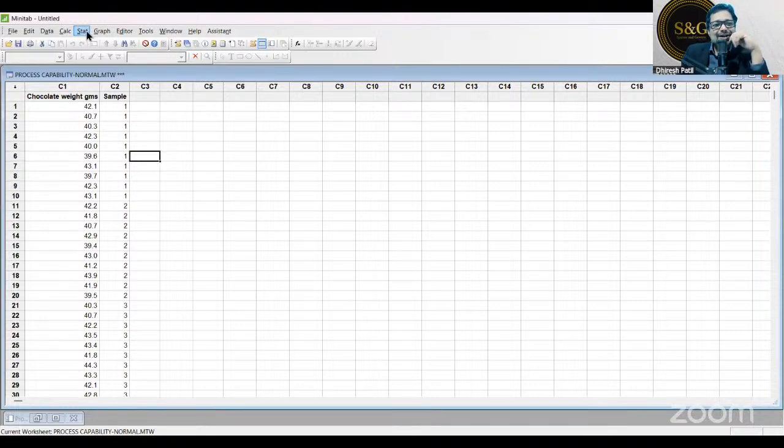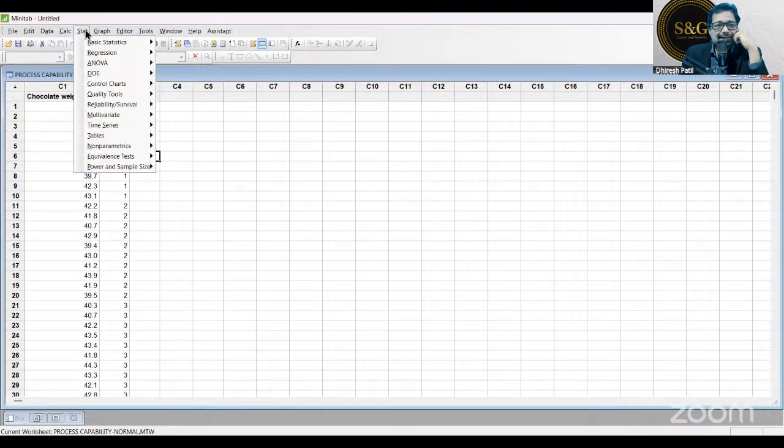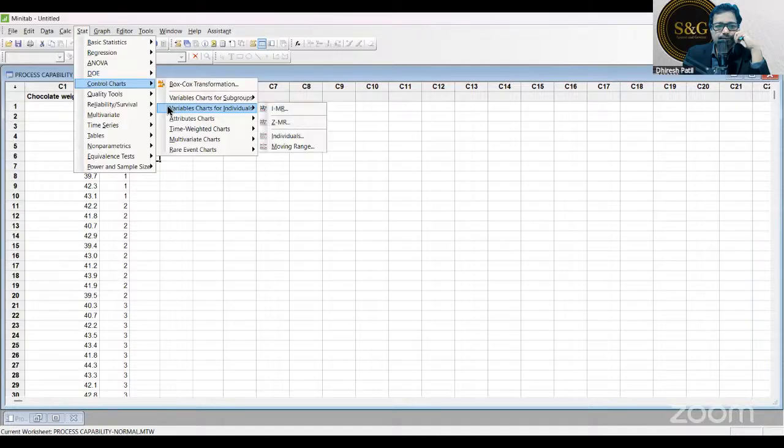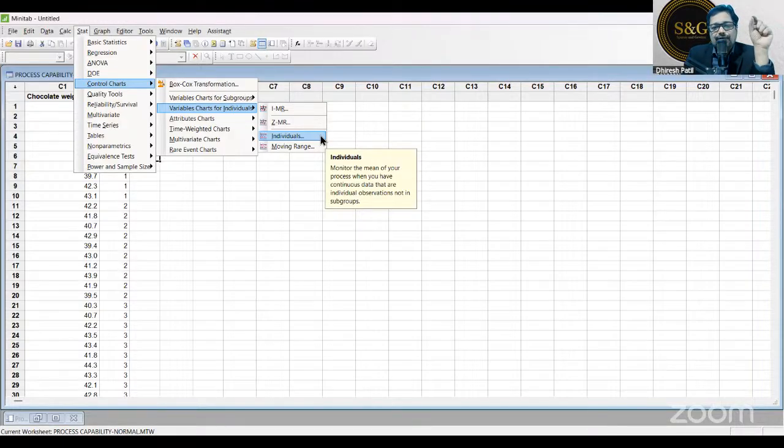So we will make our control chart. Open the file and go to Stat, Control Charts, Variable Charts for Individual. Just follow this process: Stat, Control Chart, Variable Charts for Individual.